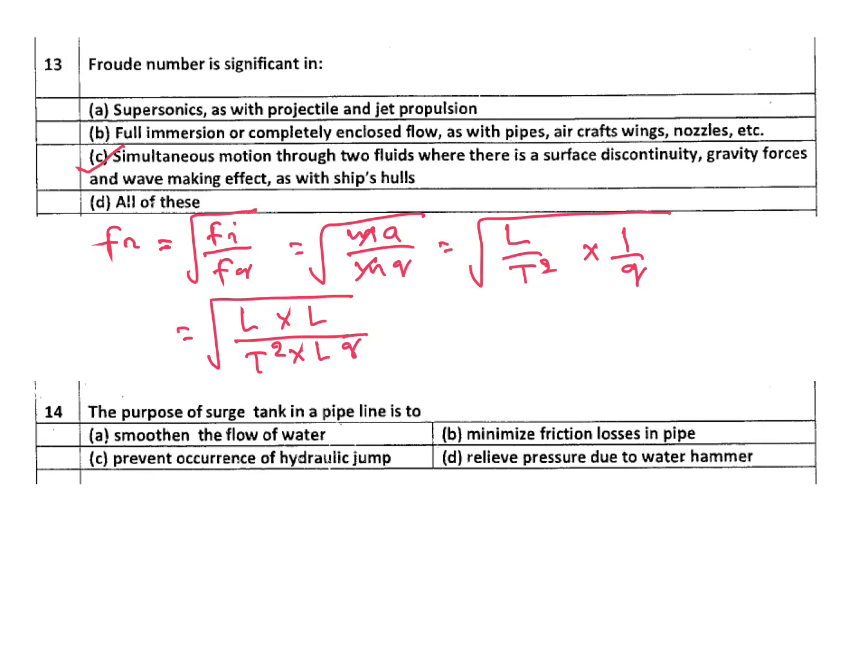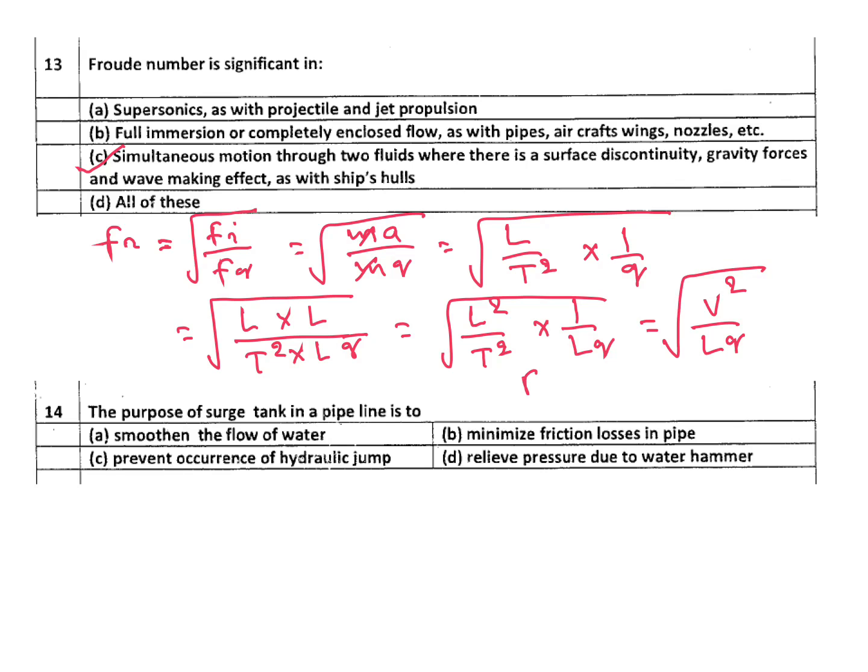Length into length square by time square into 1 by Lg. Length by time is velocity, so it's velocity square by Lg whole root over. So finally Froude number we will get V by root over Lg. This is very important. When a problem is given, they will ask for velocity or length. That time you have to use this formula. V is proportional to root over of L.